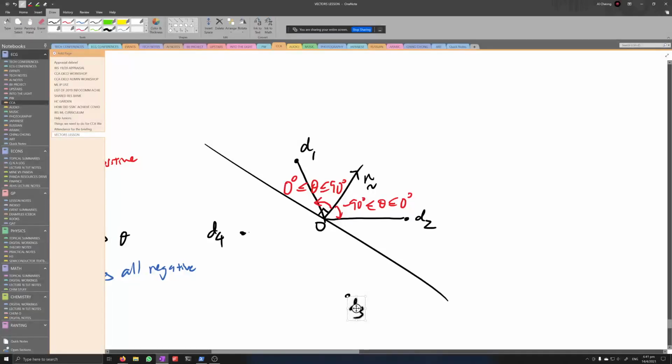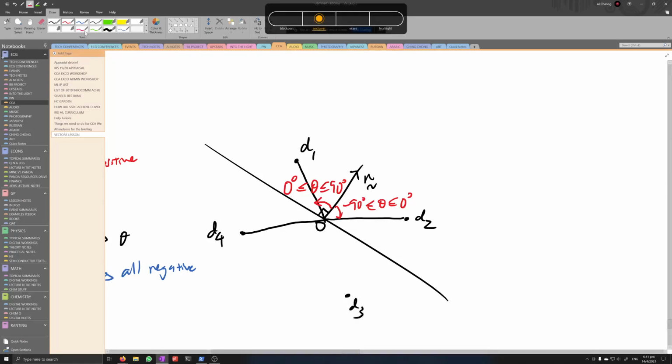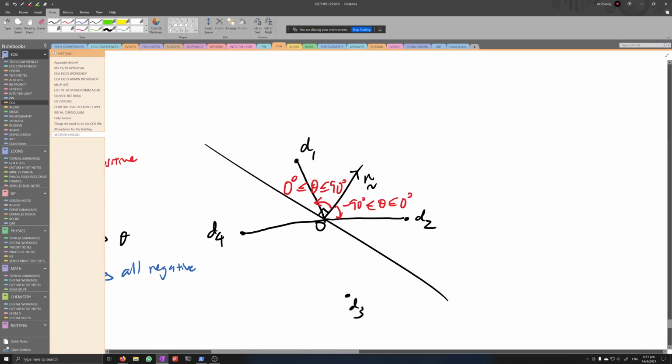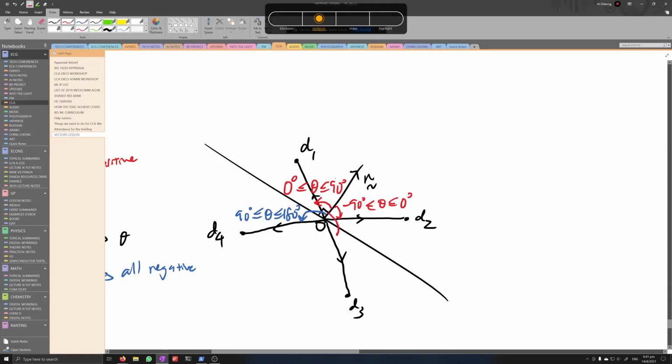Let me go to the blue pen. Realize that now we have 90 degrees less than or equal to theta less than or equal to 180 degrees. Oh no, red pen is wrong, should be blue pen.